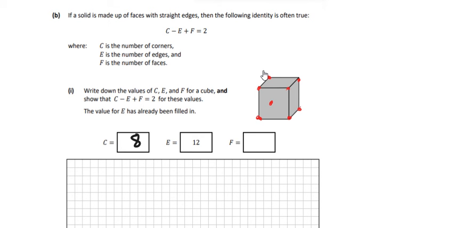Faces then, there's always 6 faces on a cube. There's one in front, and one identical one on the back. There's one on the top, and one identical one on the bottom. And then there's one on the side, and one across from that on the other side. So there's 6 altogether.